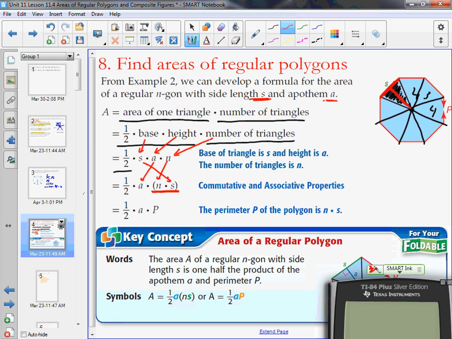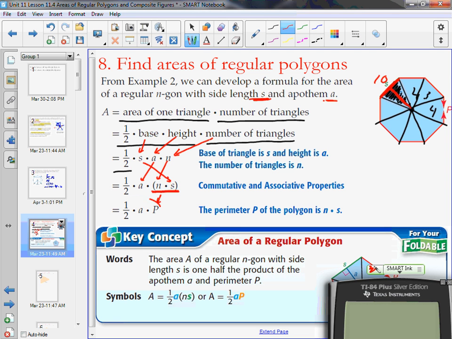Isn't that the perimeter? If all the sides have the same length, if all the sides were 10, and there were 8 sides, the perimeter would be 10 plus 10 plus 10 plus, or 10 times 8 would be the fast way, right? So N times S gets replaced with P for perimeter.